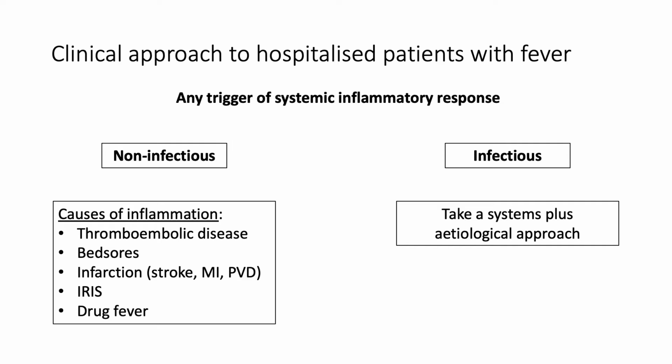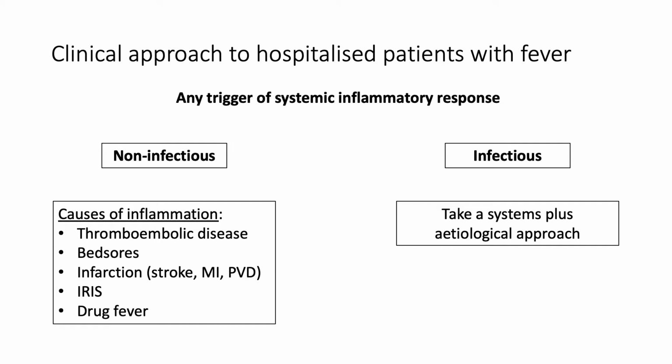And I think it's very important to remember what the cause of a fever is in general, including people in hospital. So any trigger of a systemic inflammatory response can cause a fever. And this is quite a complex process driven by various cytokines and their interactions with the temperature regulation center.